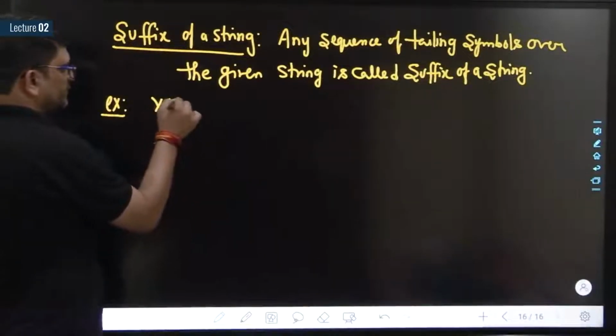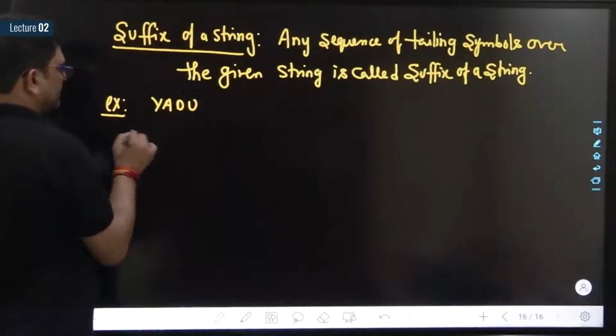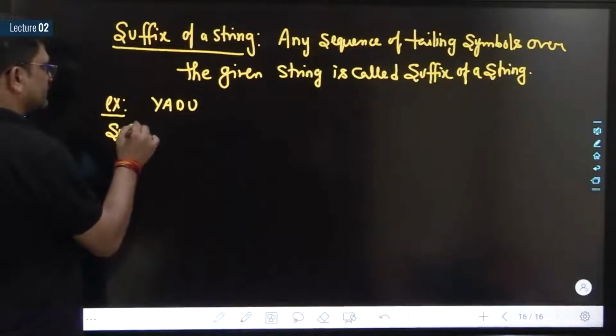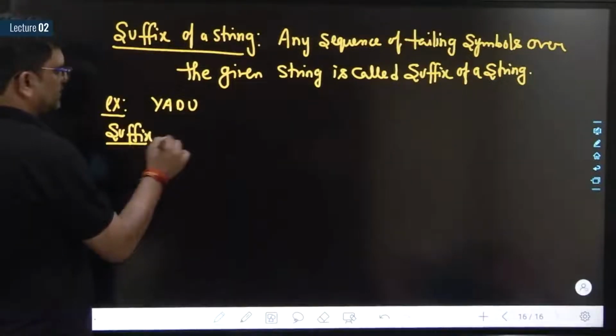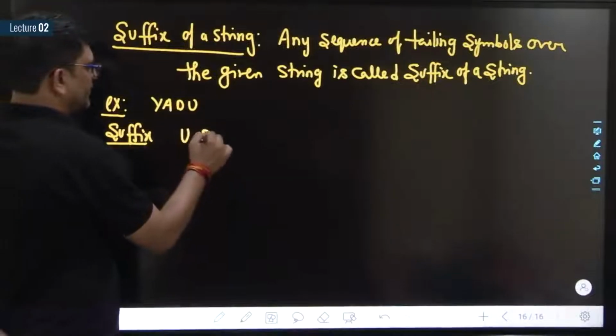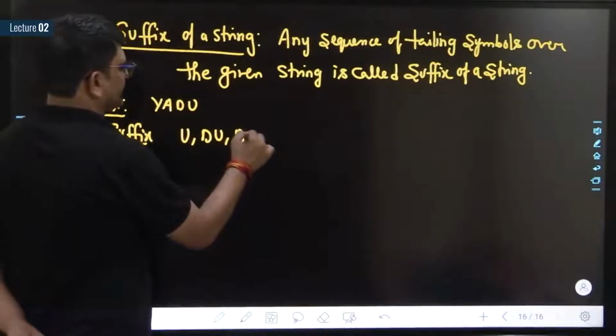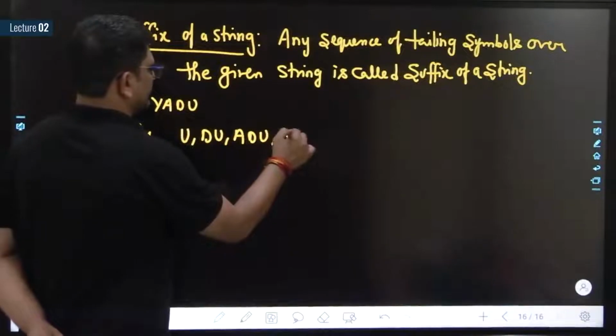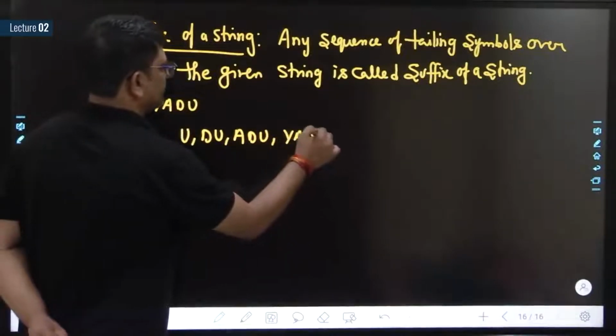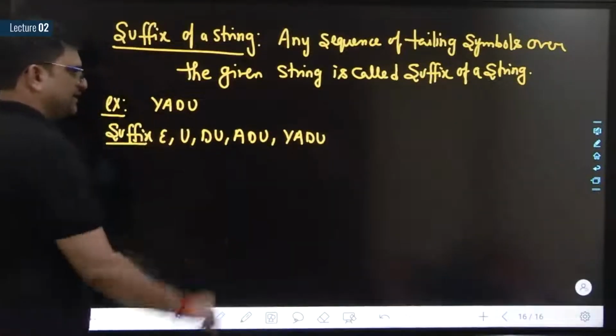For example, YADU. Then what is the suffix? U, DU, ADU, YADU and epsilon.